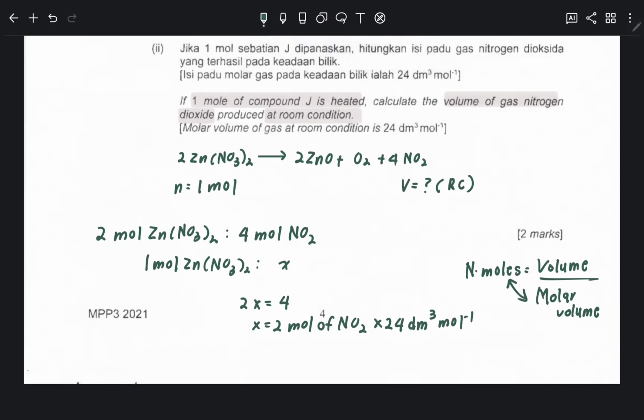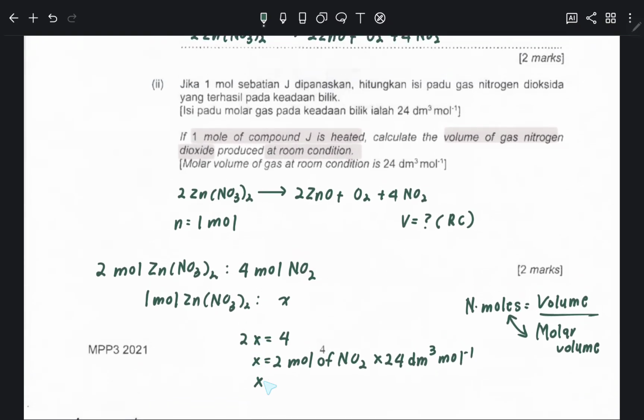Actually that should be the way. You can simply write x equals 2 mole of NO2. Then don't put x again this time, because x is for the number of moles, so just put volume.